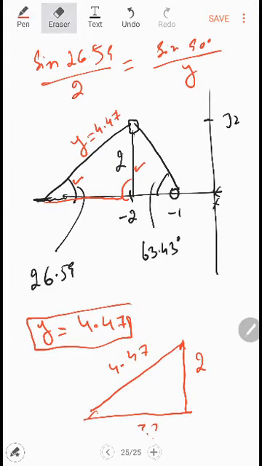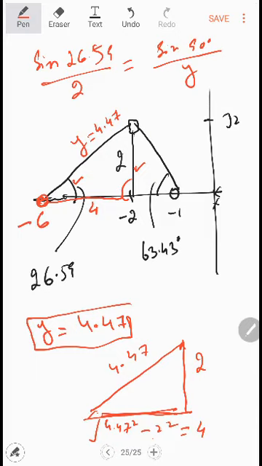That will be equal to the square root of 4.47 squared minus 2 squared, which will be equal to 4 in this case. So this is equal to 4. So with -2, and then this one equal to 4, this location is equal to -6. -2 minus 4 will become equal to -6.